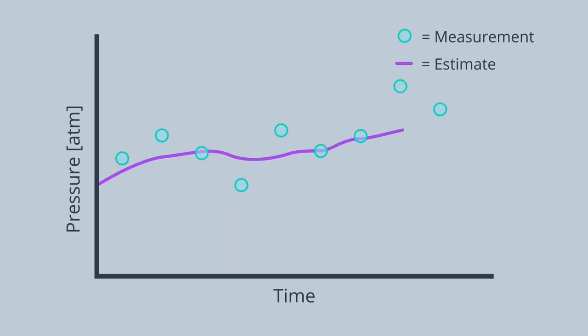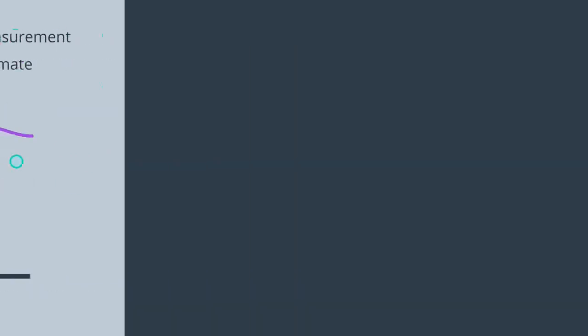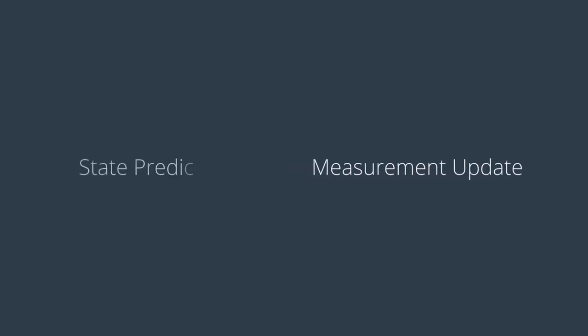Now, you might be wondering, at a high level, what is happening every time a measurement is recorded? Well, that's a two-step process, and the Kalman filter is a continuous iteration of these two steps. The first step is a measurement update, which is exactly what it sounds like. We use the recorded measurement to update our state. The second step is a state prediction.